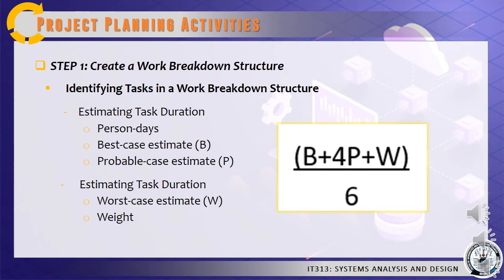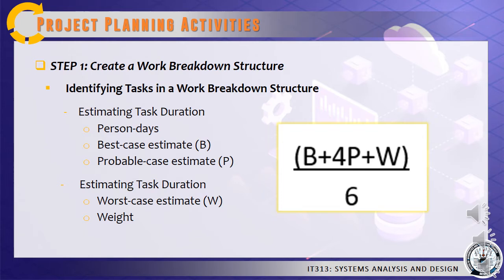If one analyst needs 2 hours to interview a user, 2 analysts also will need 2 hours to do the same interview. Project managers often use a weighted formula for estimating the duration of each task.